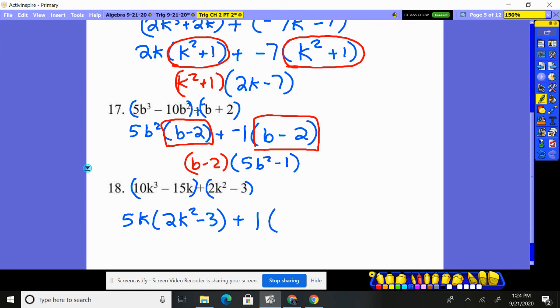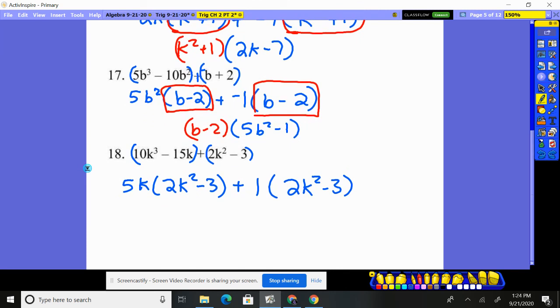No, but we're going to put a 1 there, because if nothing factors out, you really have a 1 there. And notice we now have, again, that guy and that guy match. It's beautiful. It can factor out. If it doesn't match, then hey, it doesn't factor. 5k plus 1, and there we have it.